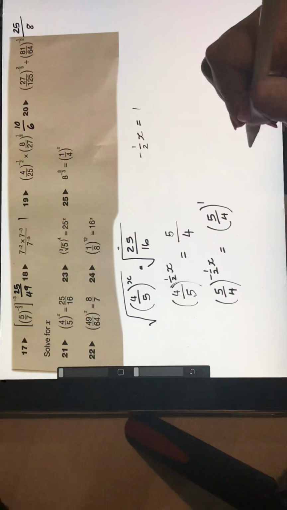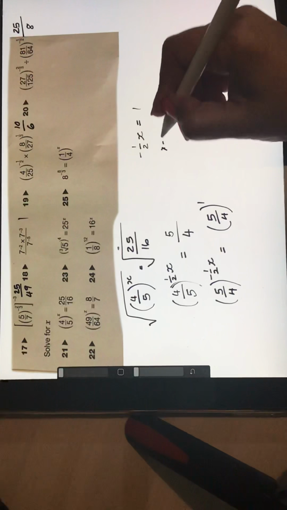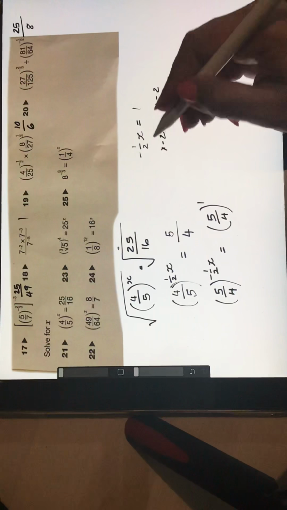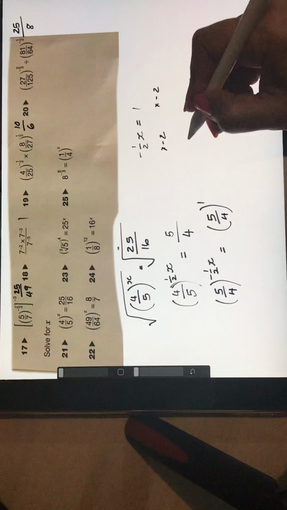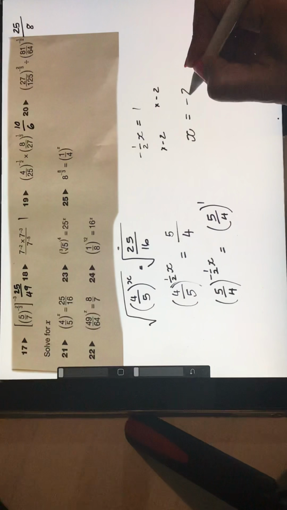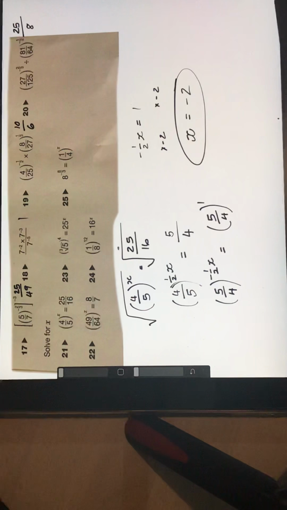We want to have x alone, so I'm going to multiply both sides with a negative 2. And a negative half times a negative 2 just gives us x, and 1 times negative 2 gives me negative 2. So x is negative 2 for number 21.